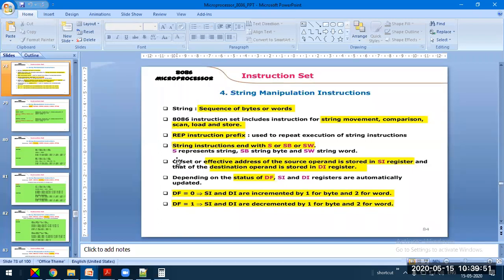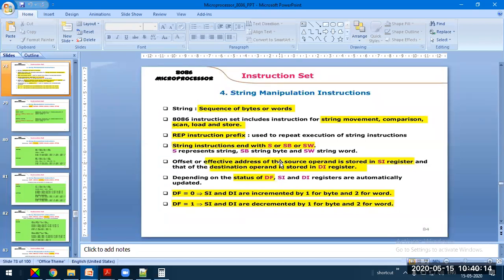We'll look into examples of all this. String instructions end with S, SB or SW. SB for string byte, SW for string word. A string instruction always ends with the letter S. S represents string, SB string byte, SW string word.